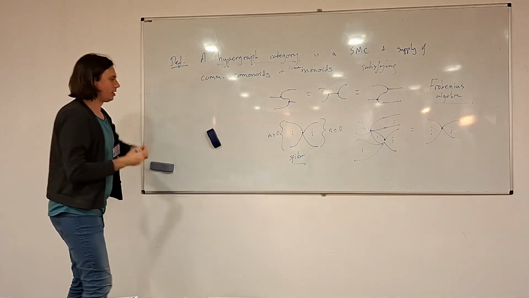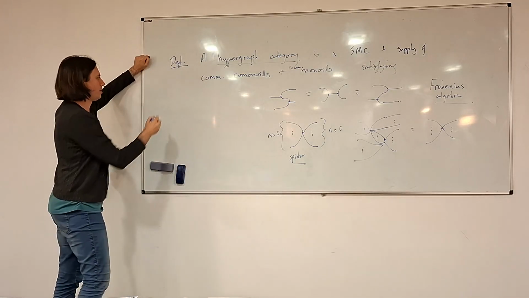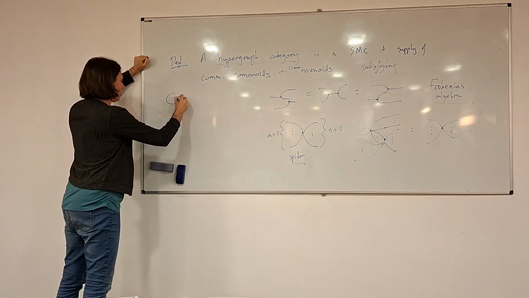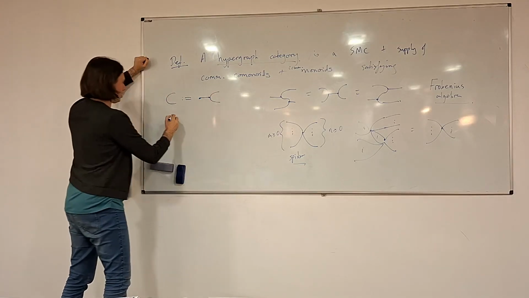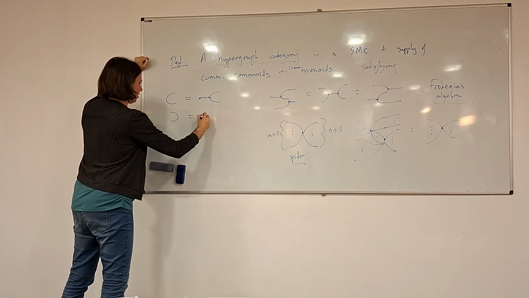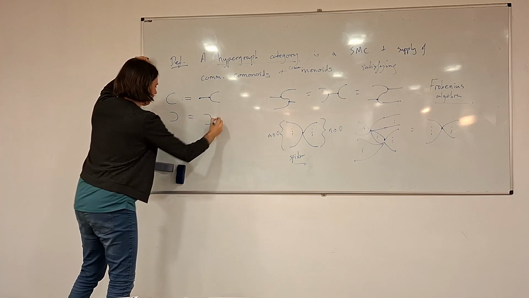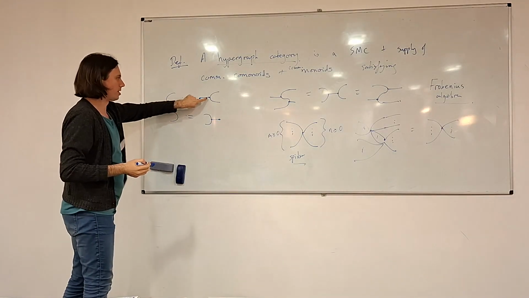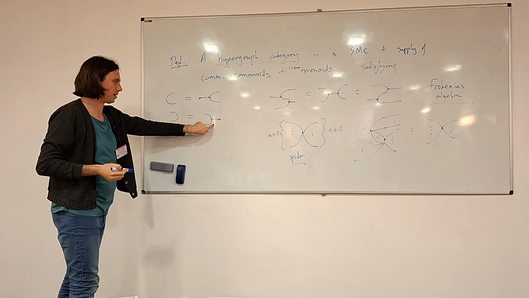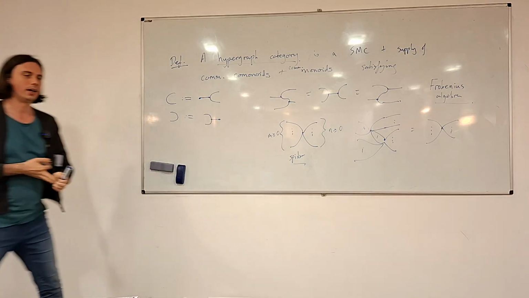Namely, if I have a Frobenius algebra, then I can define this to be this, and I can define this to be this. So that's the monoid unit followed by the comonoid multiplication. This is the monoid multiplication followed by the comonoid unit.